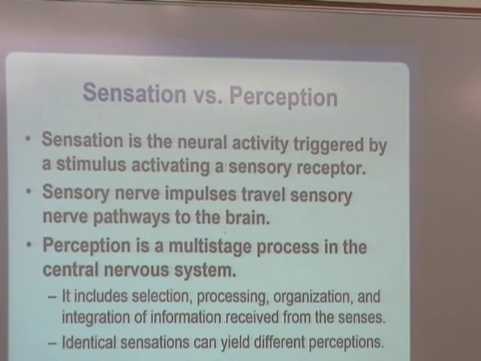And how does your brain interpret it, what's the perception from that signal, and how do those two interact when we're looking at movement skills?